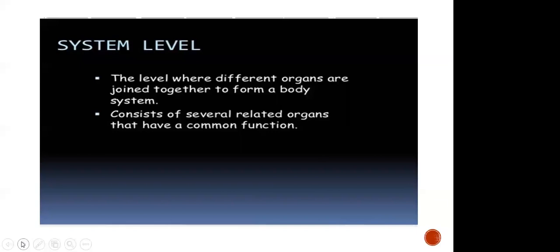That is coordination. Please note down the system level of organization: the level where different organs are joined together to form a body system, consisting of several related organs that have a common function.